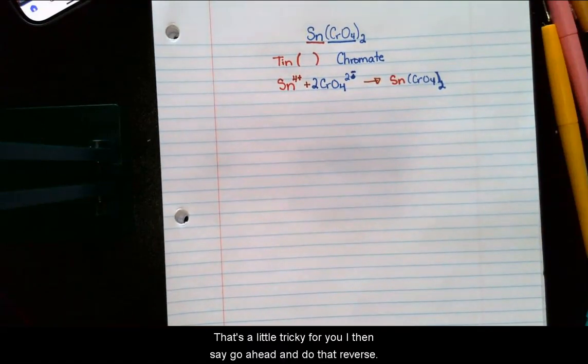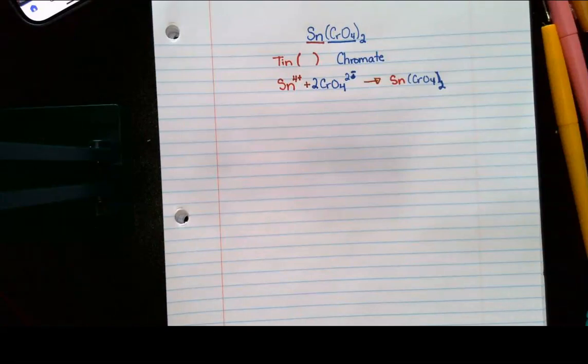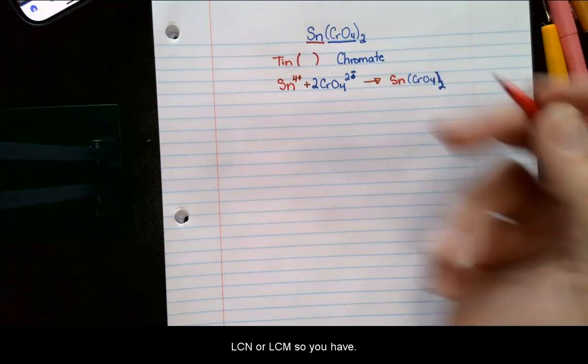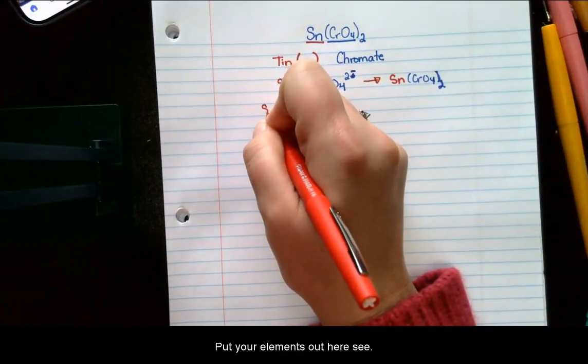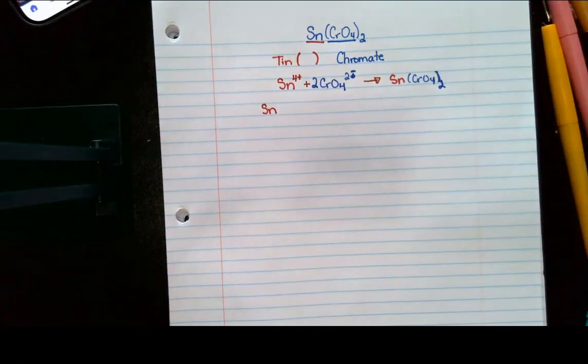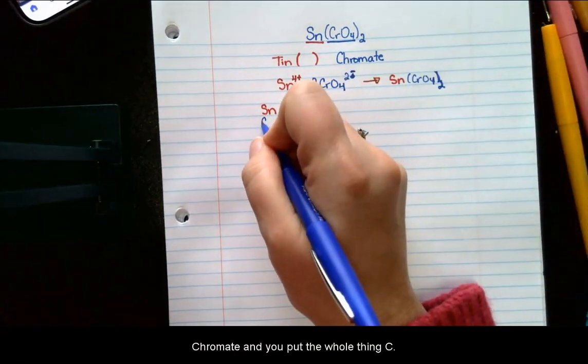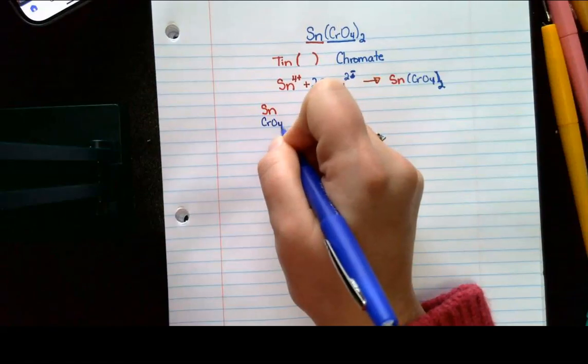If that's a little tricky for you, then I say go ahead and do the reverse LCM. You put your elements out here, so you have tin and chromate, and you put the whole thing, CrO4.